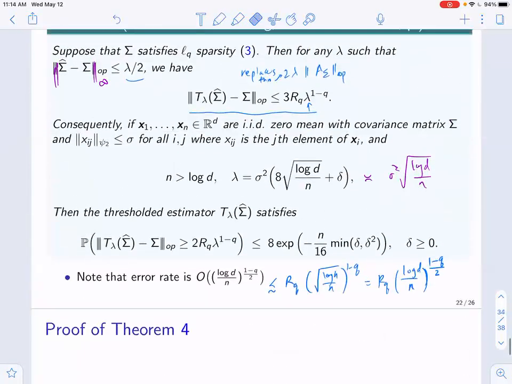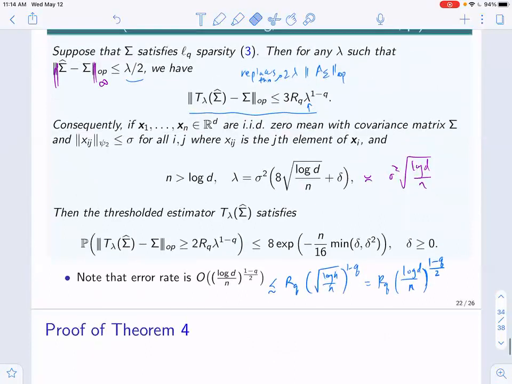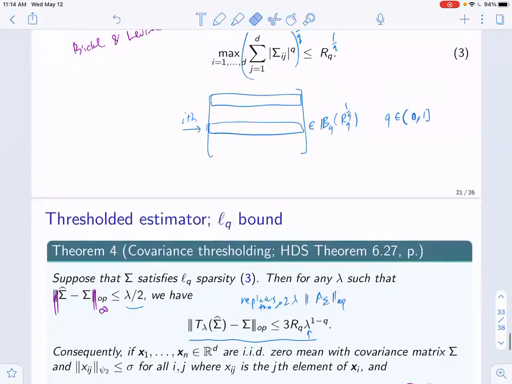Anyone remember what is the significance of bounding the L1 norm? Here we are assuming that every row has an LQ ball constraint.